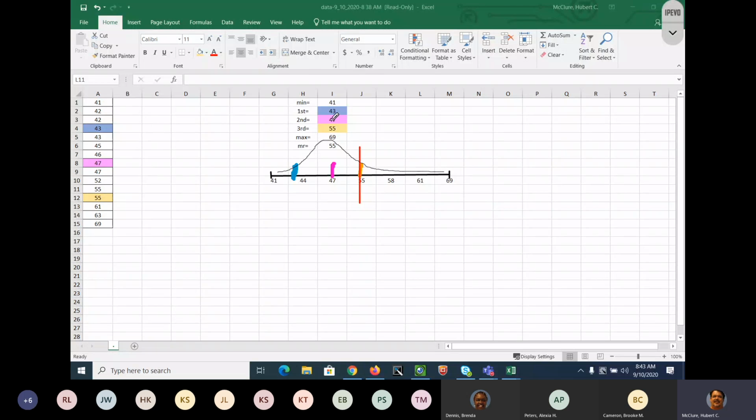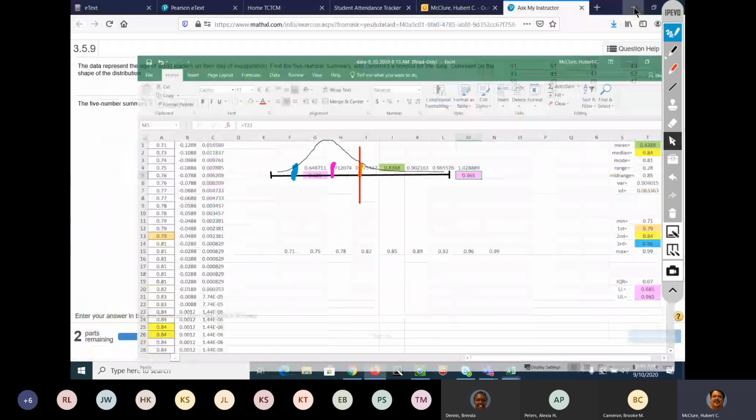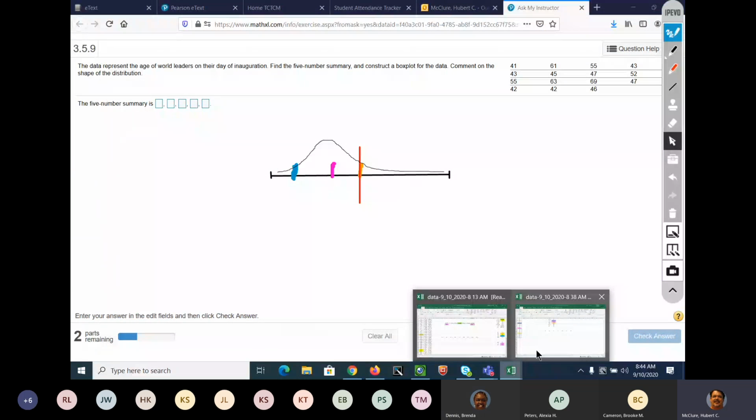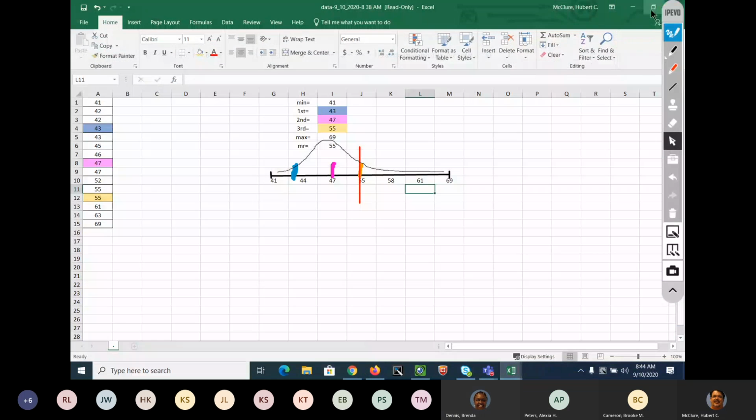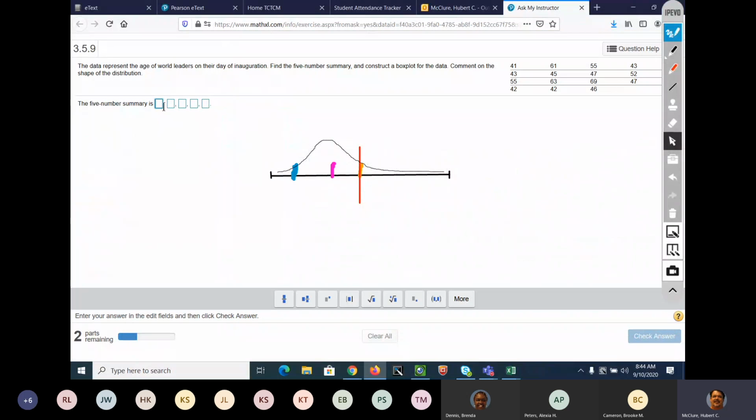Now, if you want to write down the 5-number summary, let me try to minimize this and maybe I can do it. Pull this back up and make it small. Let's see, 41, 43. What were the other ones? 47 or 55?